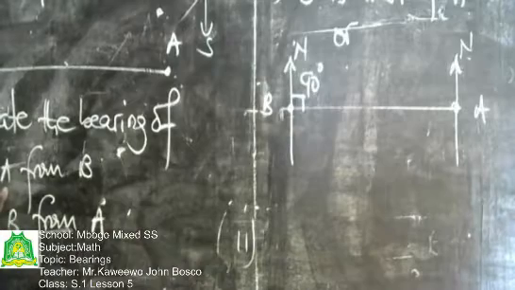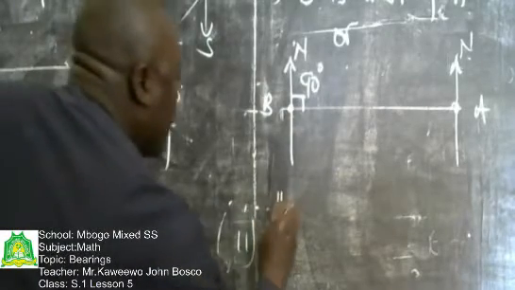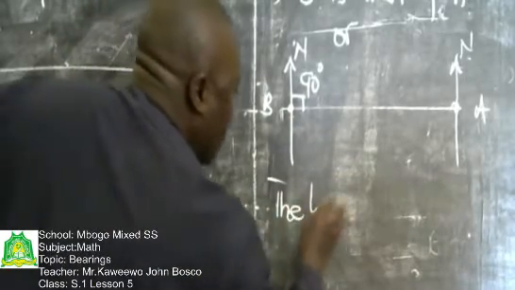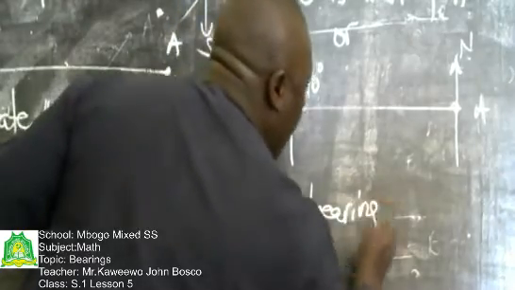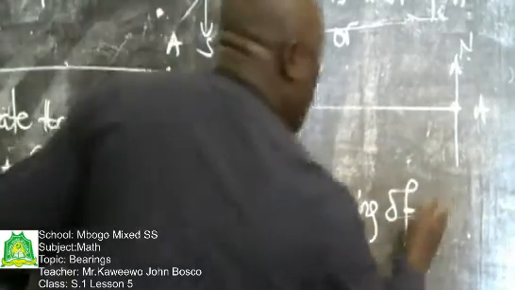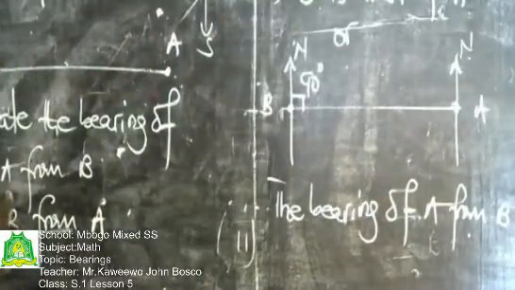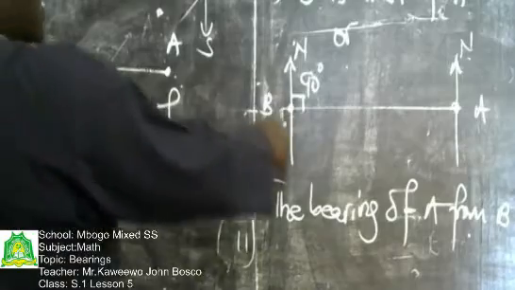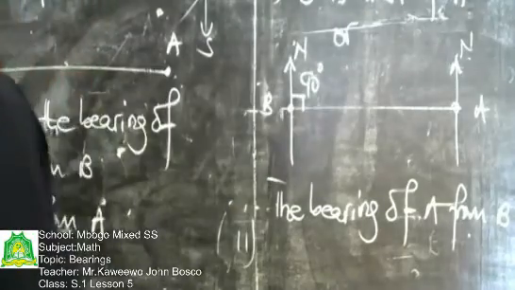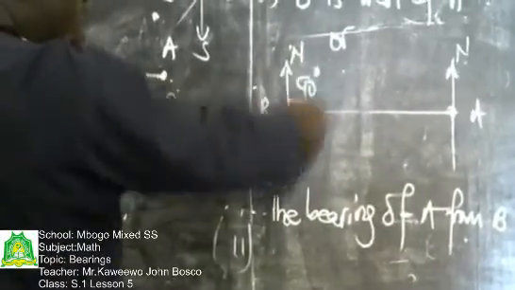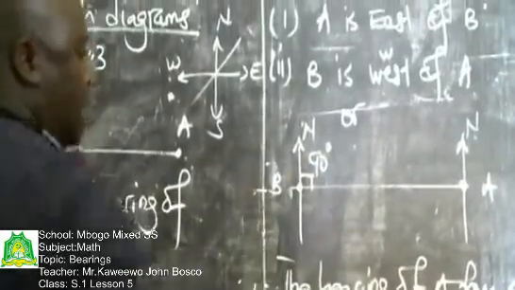And now I can say the bearing of A from B is the bearing of A from B at point B going to A. We look at the angle from north in the clockwise direction, that is 90 degrees.